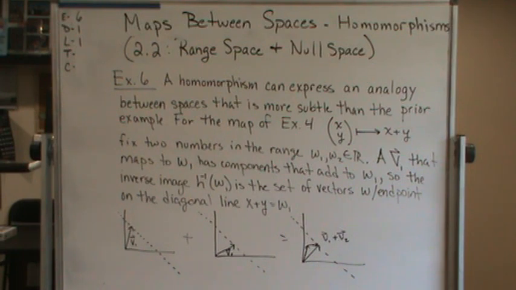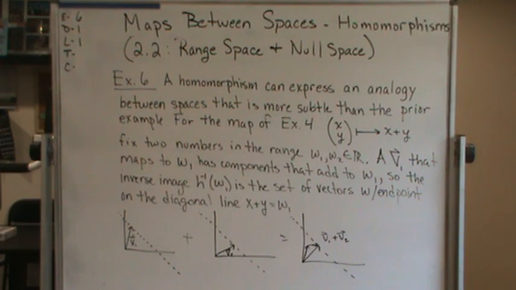So we can think of these W1, quote unquote vectors, because they're really just numbers. We can think of these as W1 vectors, and then similarly we have W2 vectors, and then we also have W1 plus W2 vectors.